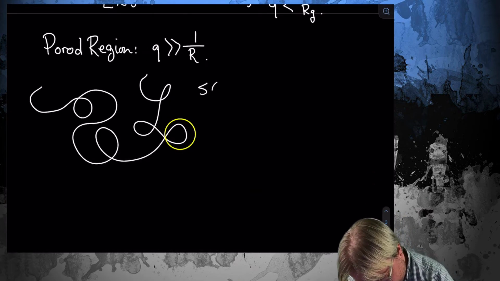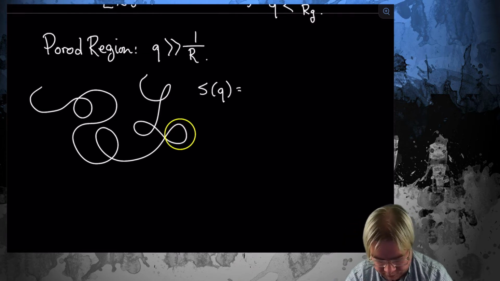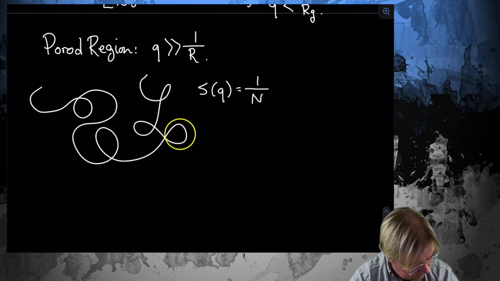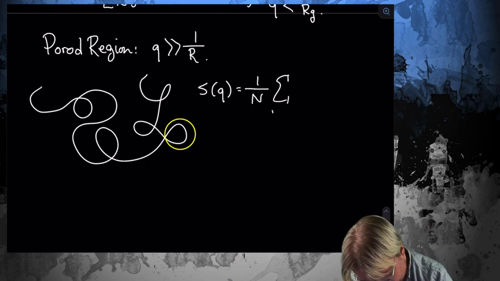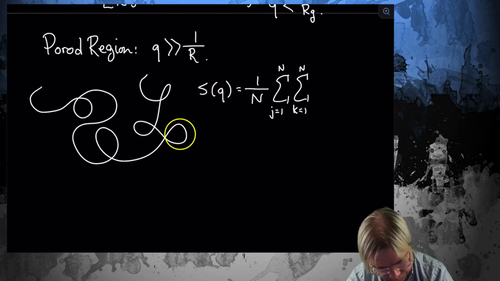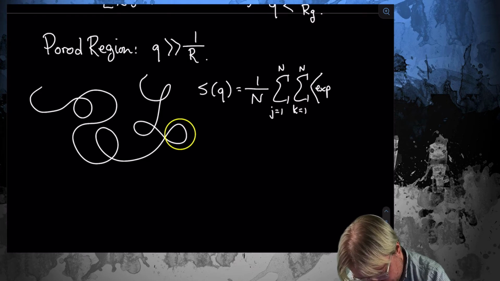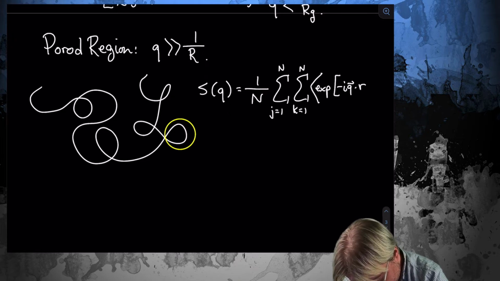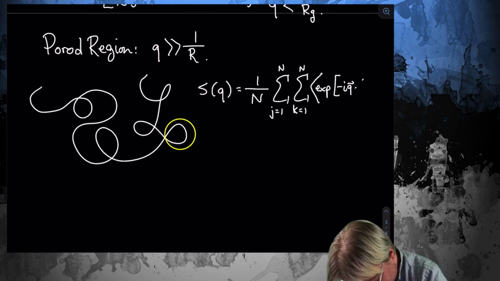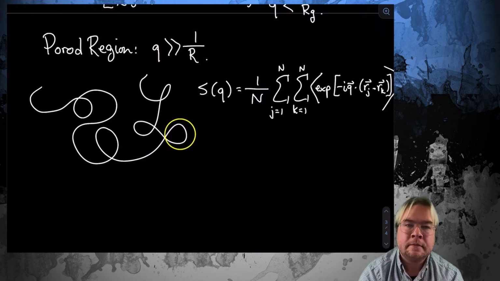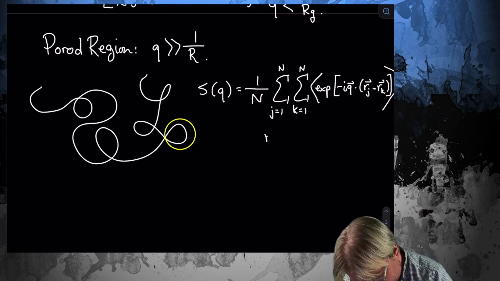Well, the structure factor we can define, and we kind of did this before, but this is 1 over N, summation j equals 1 to N, summation k equals 1 to N, of the average value of the exponential of minus i q dot (r_j, the position of the jth monomer, minus r_k), like that.